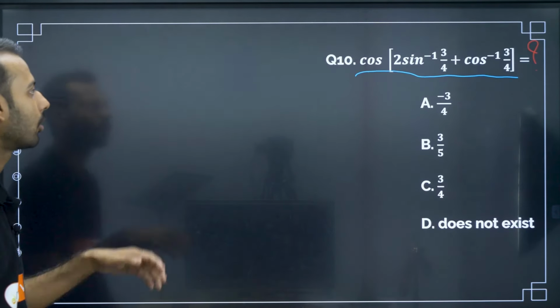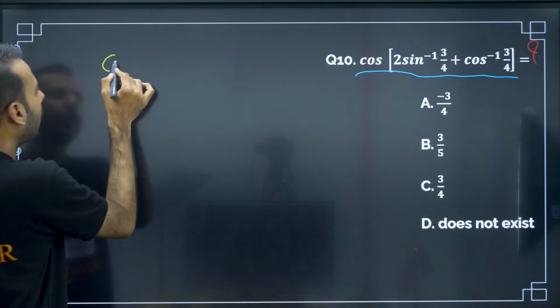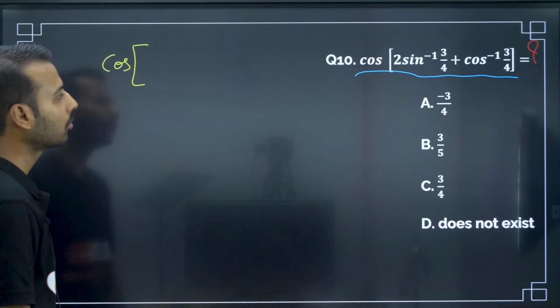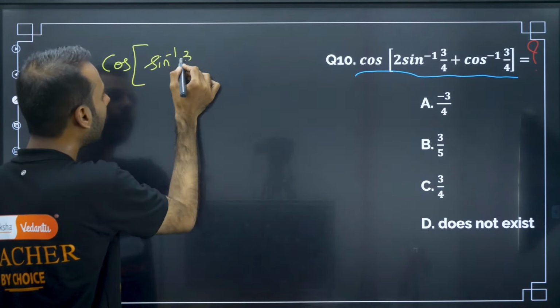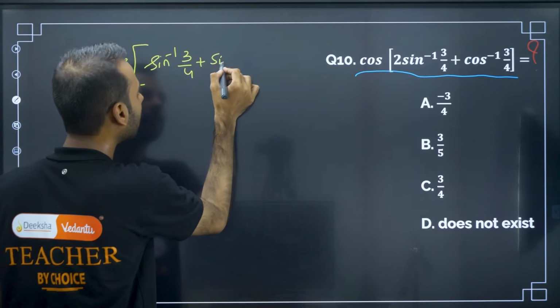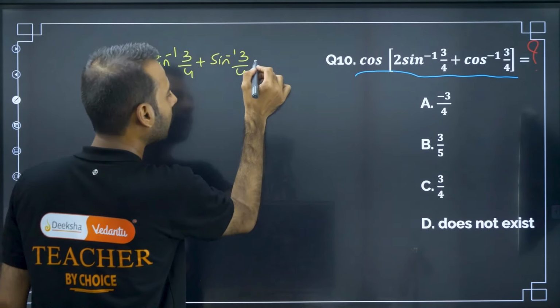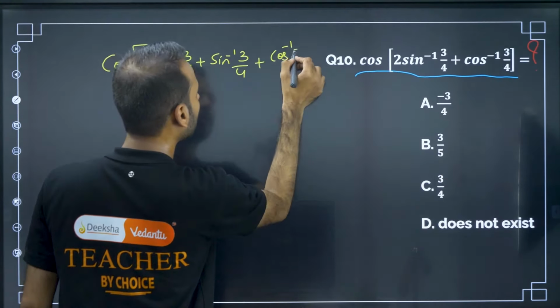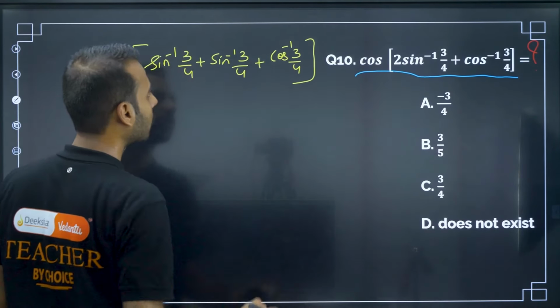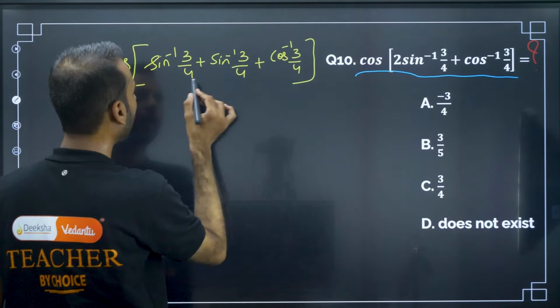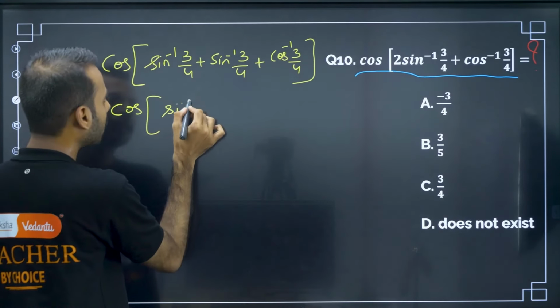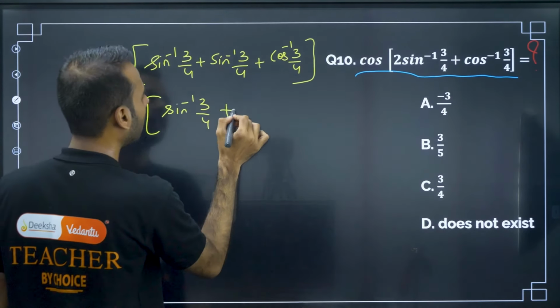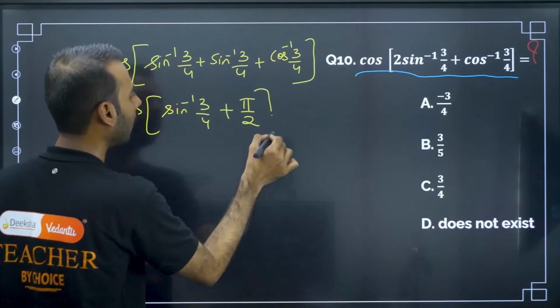Let me write cos of 2 sine inverse 3 by 4 as sine inverse 3 by 4 plus sine inverse 3 by 4. Now I am writing one of them as pi by 2 minus cos inverse 3 by 4, so this becomes cos of (sine inverse 3 by 4 plus pi by 2).